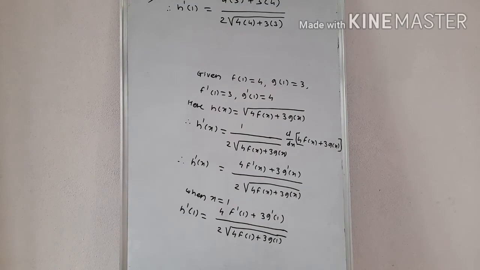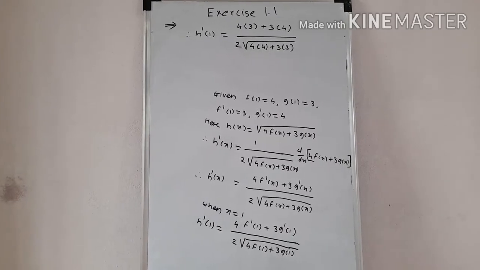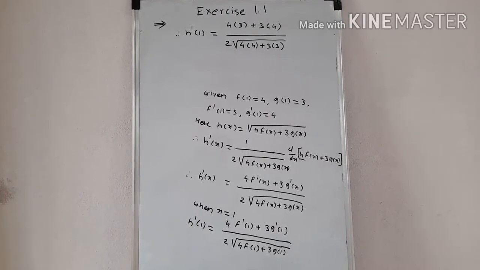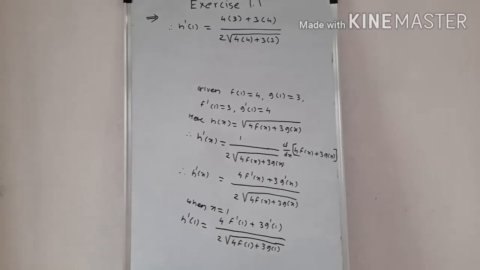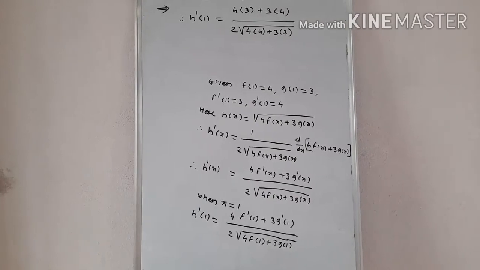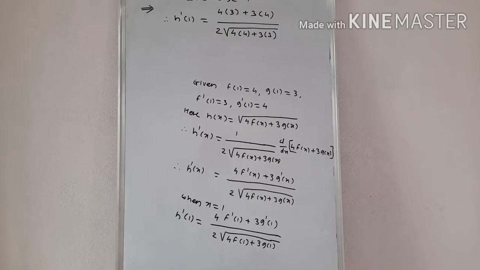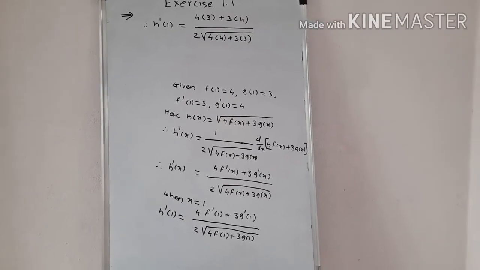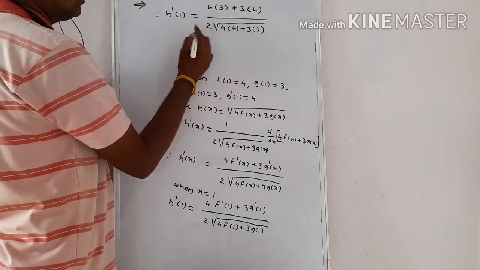Therefore h dash of 1 equal to 4 into 3 plus 3 into 4 divided by 2 into the root sign 4 into 4 plus 3 into 3.